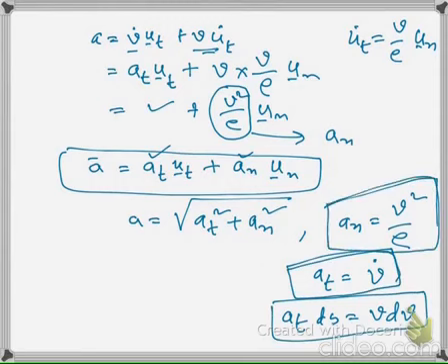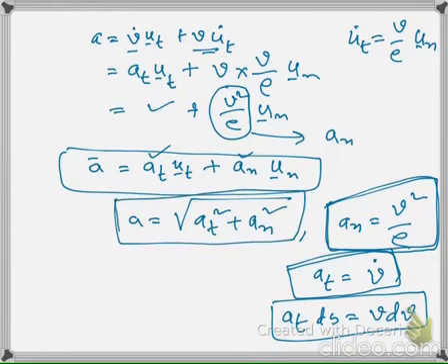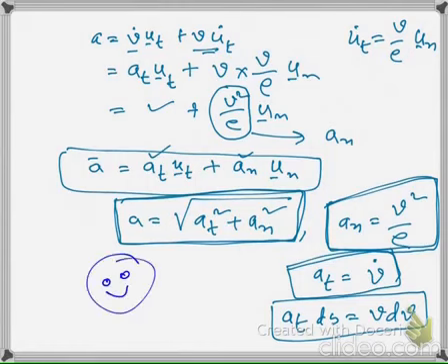These are the things we have to remember when we apply tangential and normal component equations for coordinates. In the next class we will solve some problems on tangential and normal components, and we will see velocity and acceleration. Till then, thank you.